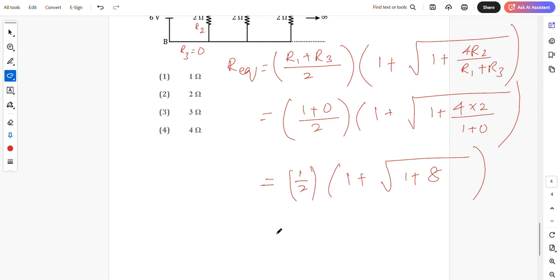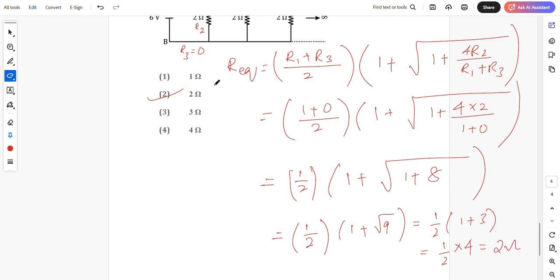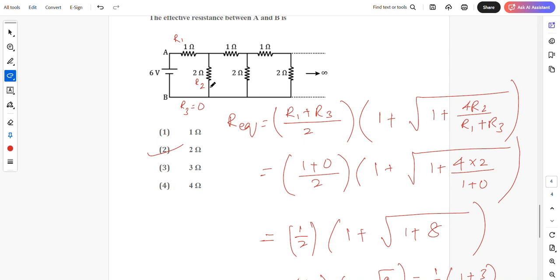You can do it still faster, I'm doing step by step here. 1 by 2 into 1 plus square root of 9, which is 3. 1 by 2 into 4, that is equal to 2 ohm. 2 ohm is the equivalent resistance between A and B.